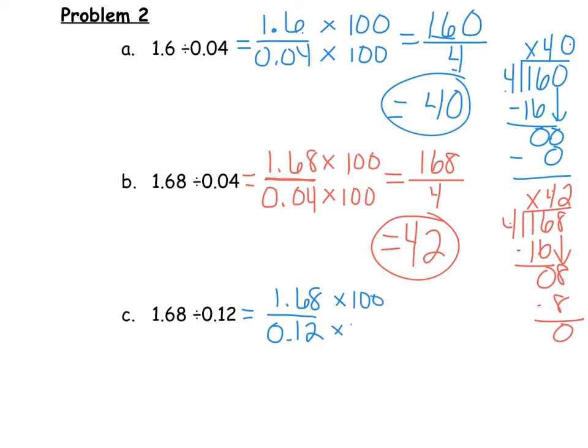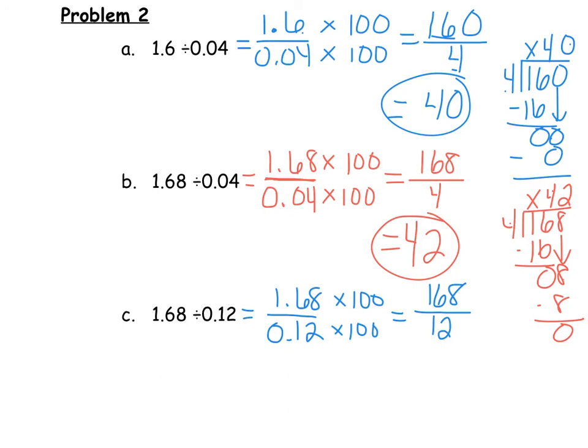I'm multiplying by 100. Shocking, I know. All right. 100 tells that 8 it's moving 2 place values larger, so it's going to the tenths, and then it's going to the ones. So 8 is in the ones, 6 is in the tens, 1 is in the hundreds. All right. 12 hundredths, so that 2's in the hundredths, so it's moving to the tenths, and then it's moving to the ones. So 2 is in the ones, 1 must be in the tens.